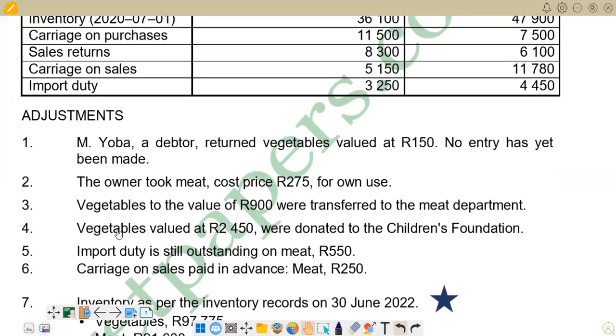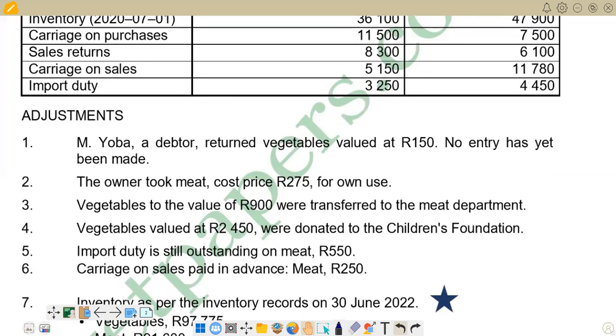Then we go to number 4, vegetables valued at 2,450 were donated to the Children's Foundation. For the purchases that we did for vegetables, we also donated some of them, so they're going to reduce again the amount of purchases.